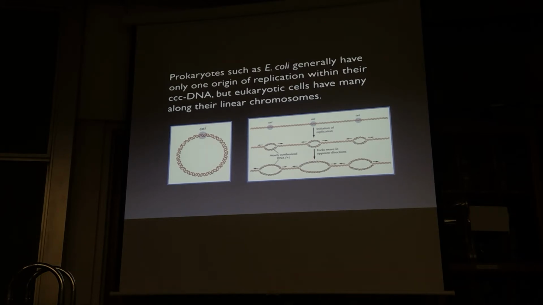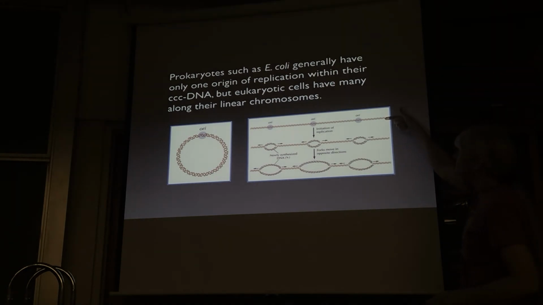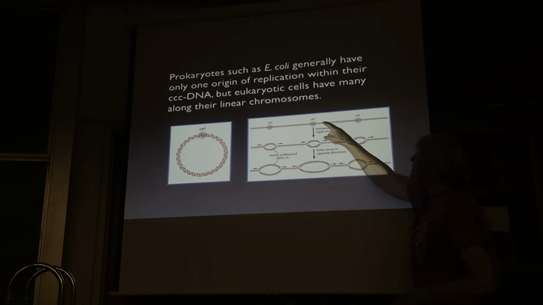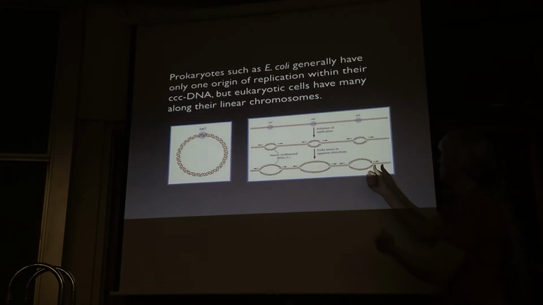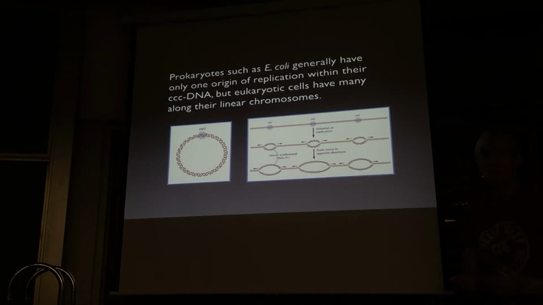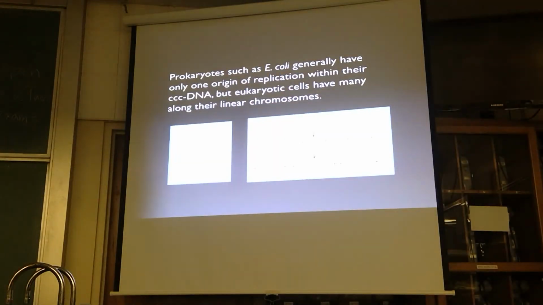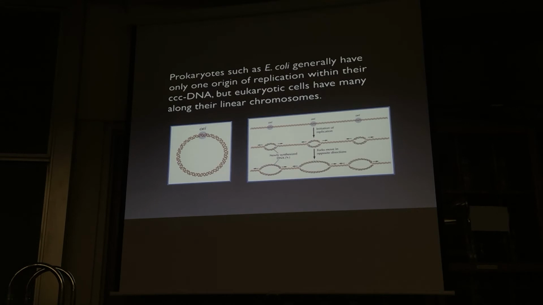If we're looking at this little segment, this is a eukaryotic chromosome. Well, probably not accurate because there's more origins. But anyway, at each origin, each ORI, replication will start, and again, it goes in both directions. So here it's just begun, and here it's gone further. Ultimately, you'll have two strands. So it's rather complex.